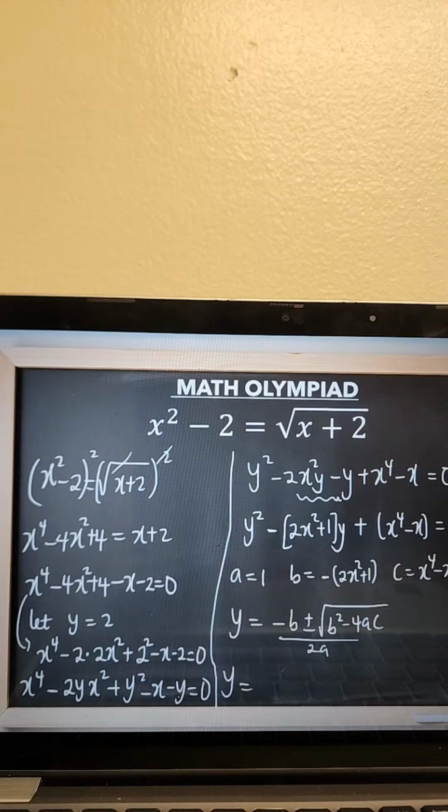Here, my y is going to be minus b, which is negative, negative 2x squared plus 1, plus or minus square roots of b squared, which is negative 2x squared plus 1 squared, minus 4 times a, which is 1, and my c, which is x to the power of 4 minus x.